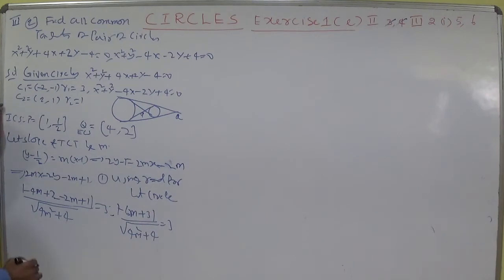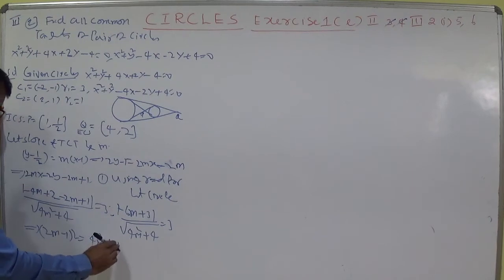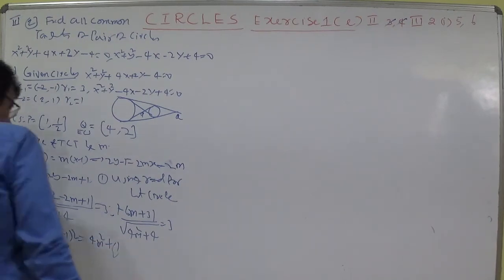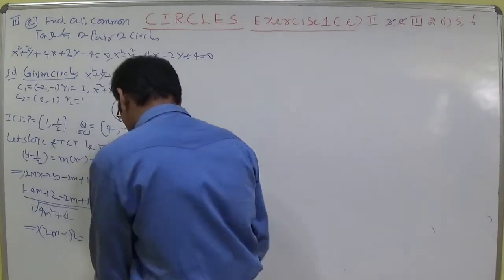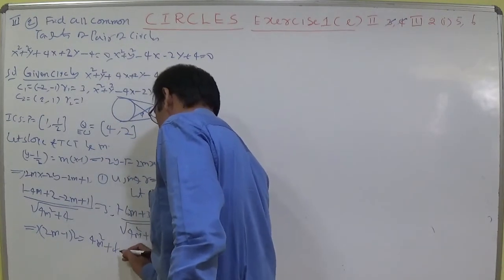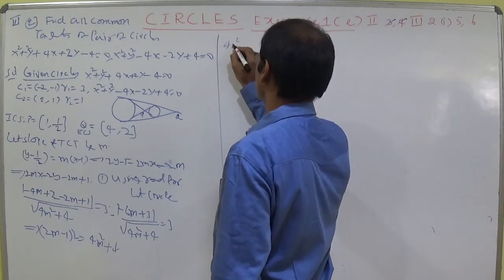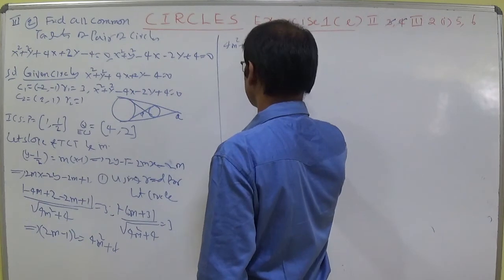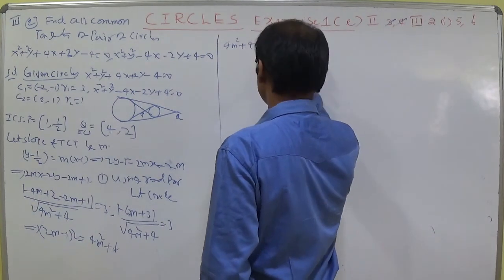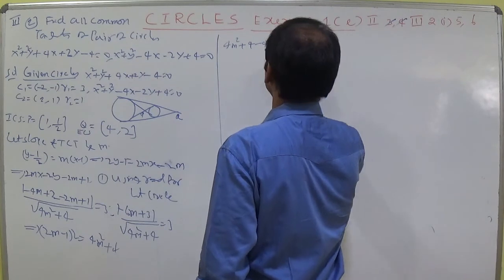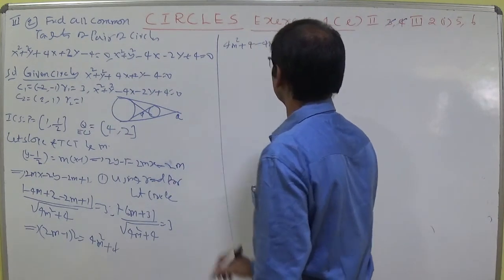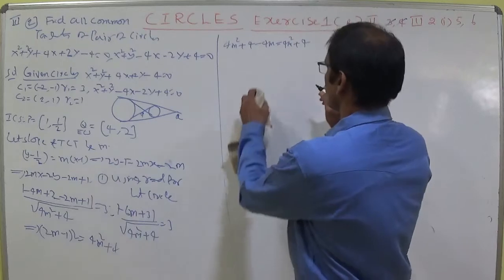The 3 gets cancelled, so you can write 2m minus 1 whole square is equal to 4m square plus 4. By expanding, 4m square plus 1 minus 4m is equal to 4m square plus 4.